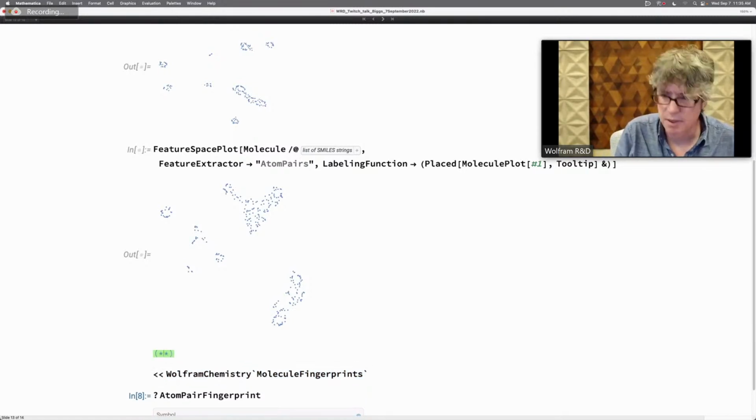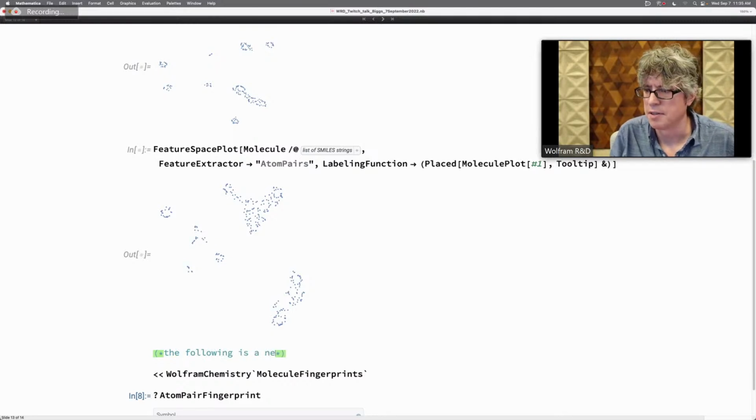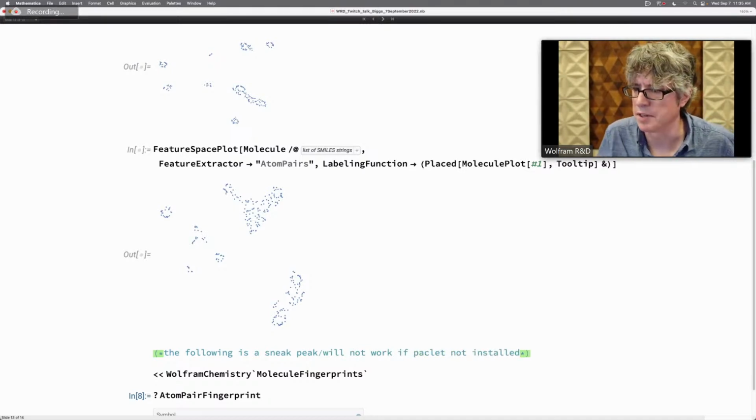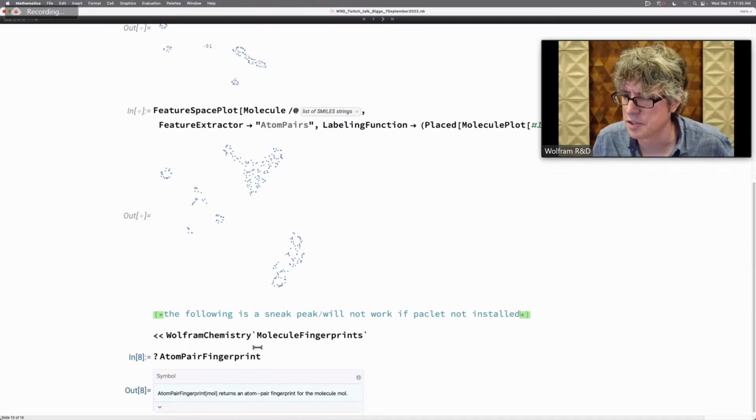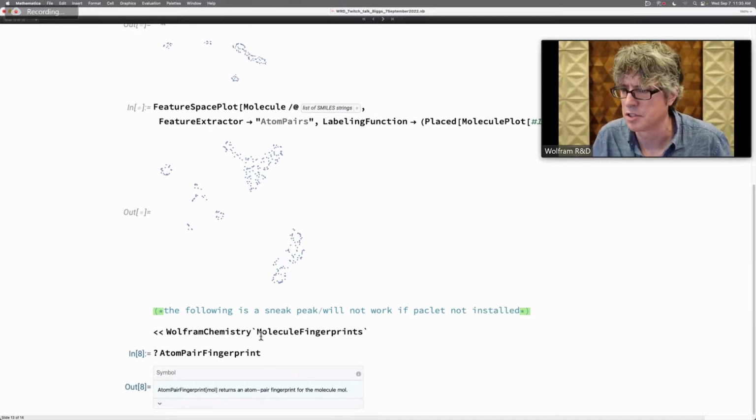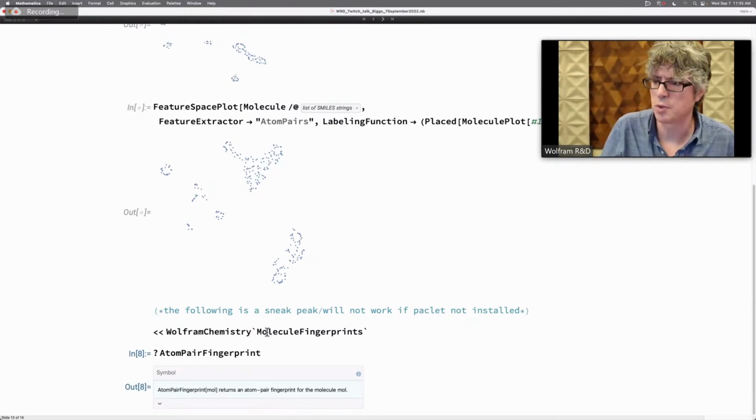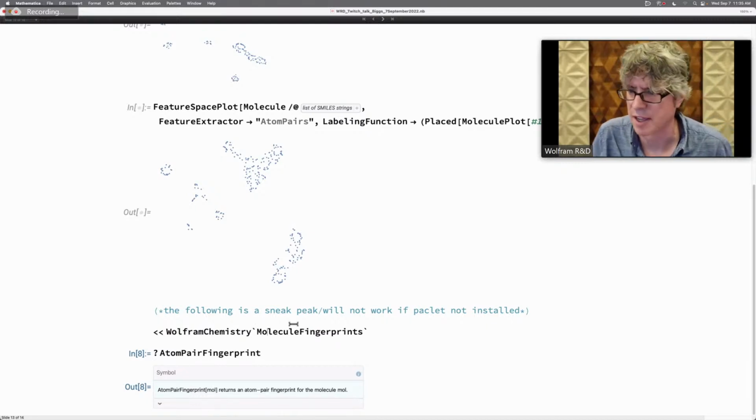The following is a sneak peek. It will not work if the paclet is not installed. I have this deployed to a resource object, and so I was able to install it on this machine. And so I just want to go through the documentation briefly.